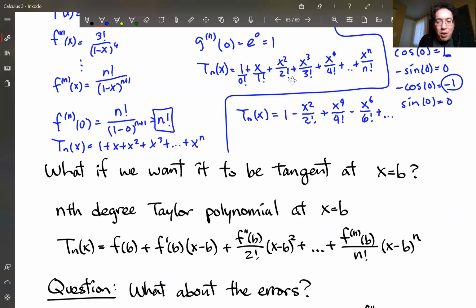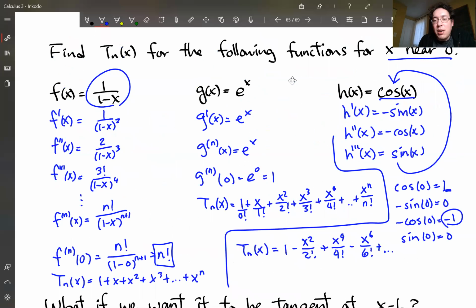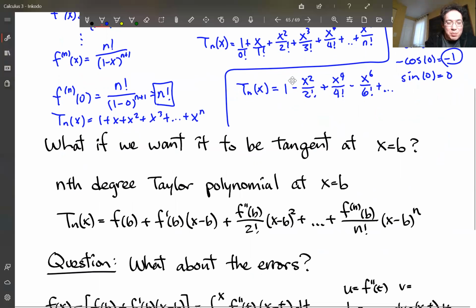Okay, so these are the Taylor polynomials based at 0. If you want to have a tangent at some other value, x equals b, you just have to shift the formula by b units. And this would be the general formula.